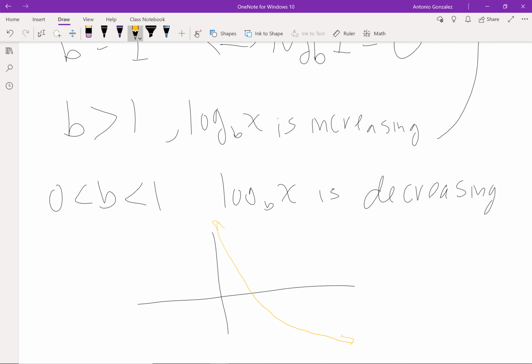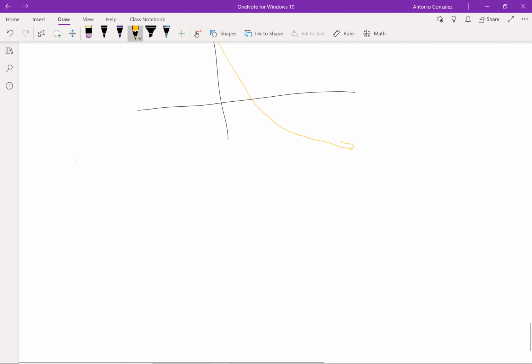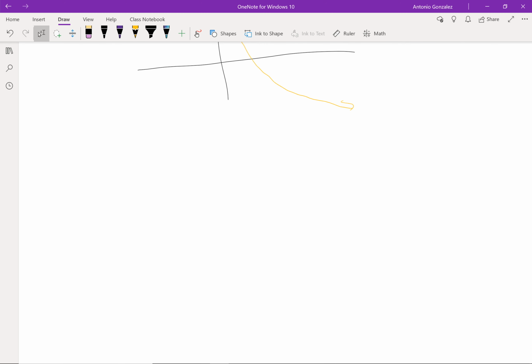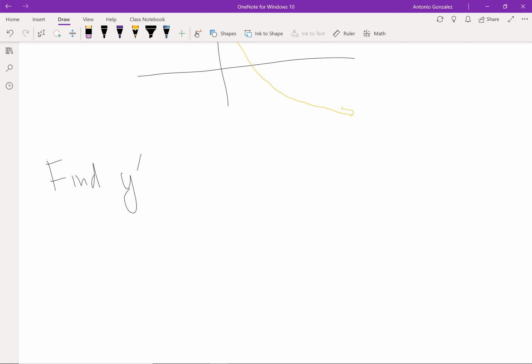Let's say that I want to find y prime of log base b of x.